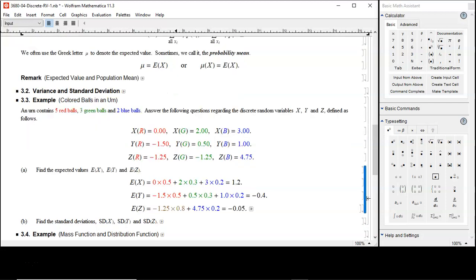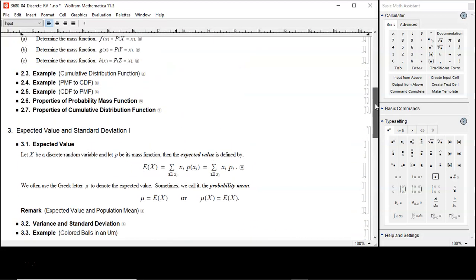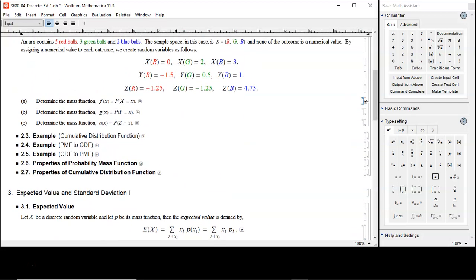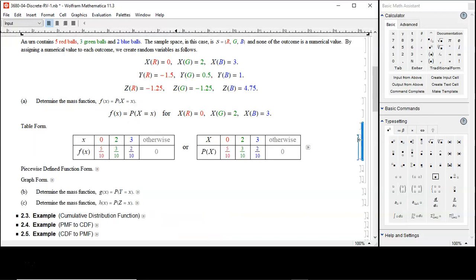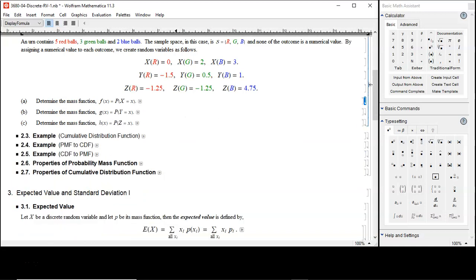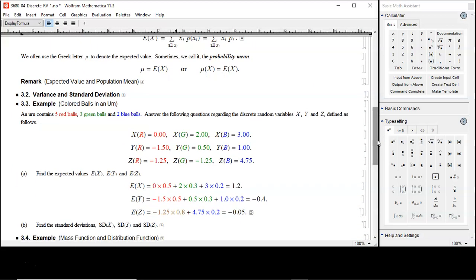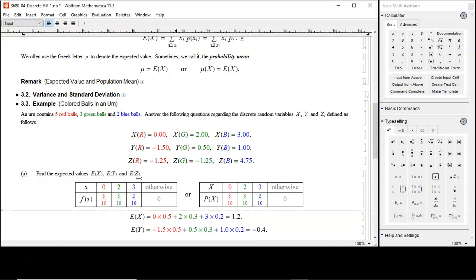And then what's the expected value? Let me see. Probability mass function. Let me just copy and paste that thing here. Okay, this is for x.